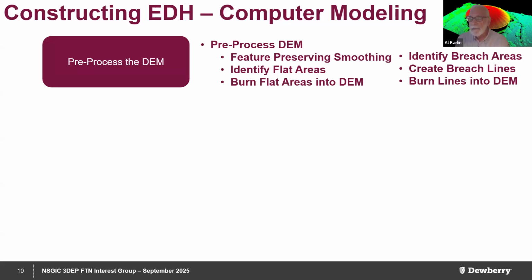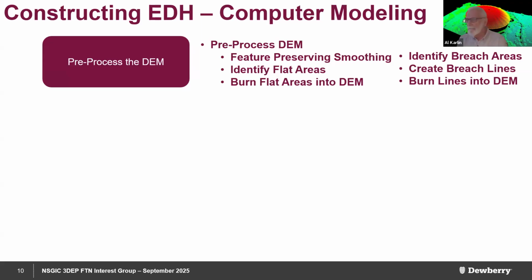In this suite of tools, and these are all brand new, by the way, I previewed these at the Esri User Conference in July. These are available in ArcGIS Pro 3.5 and above, and in Arc Hydro 3.4.35 and above. We have tools that we've specifically designed for pre-processing the DEM, the elevation model.